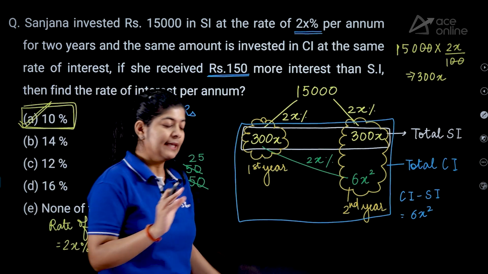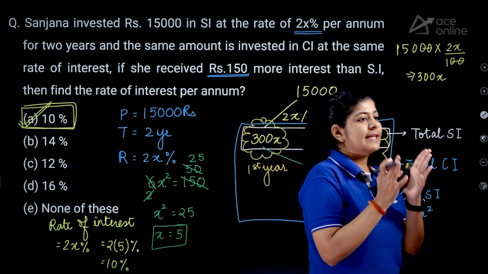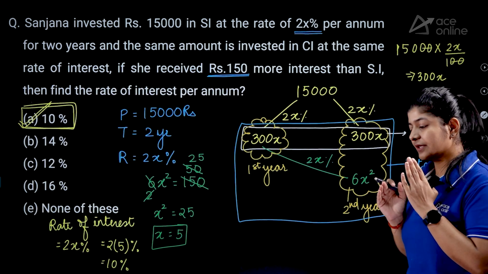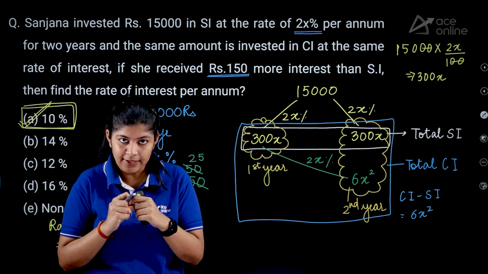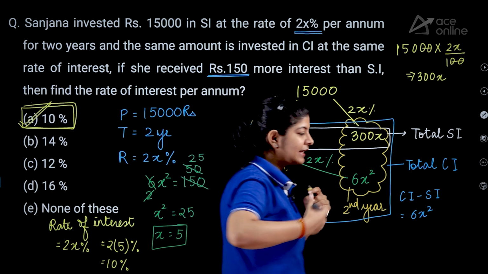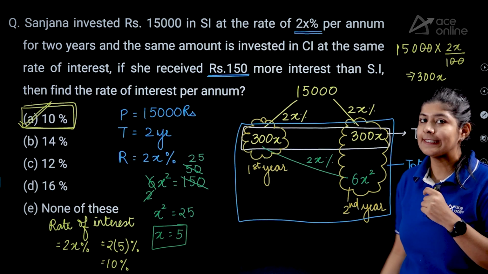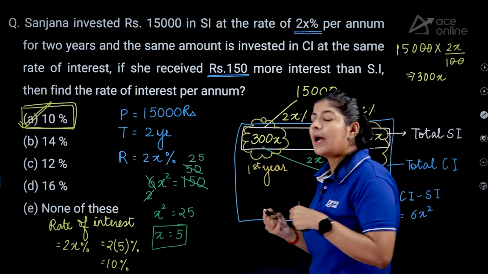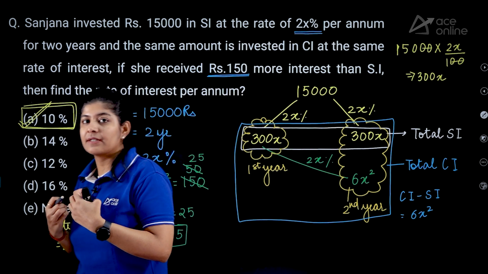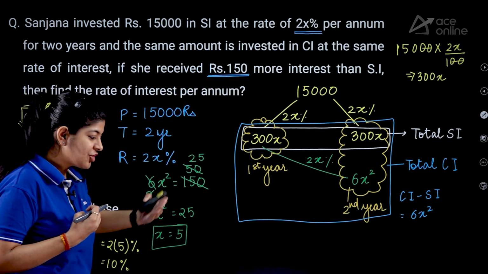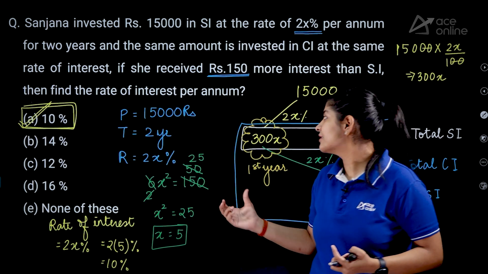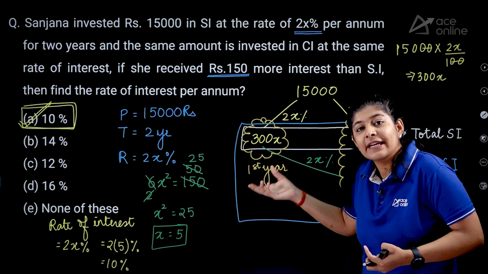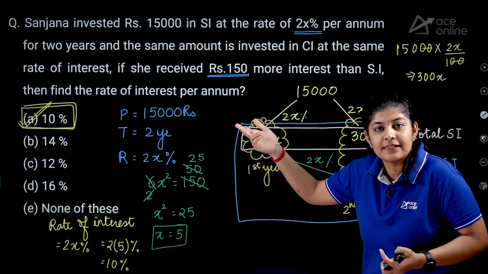Is it clear? So whenever you are having questions from the concept of CI, SI, just keep this point in your mind. Whenever we talk about SI, the simple interest, the principal amount will always remain the same, right? So the interest that we are getting for every consecutive year is the same. But when we talk about compound interest, the principal amount is changing continuously because we are also getting interest on the interest that we got in the previous year, right?